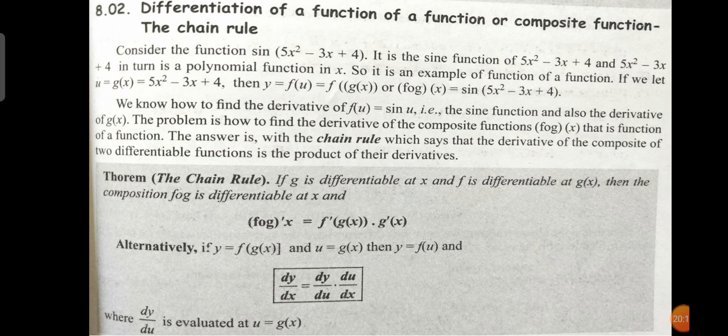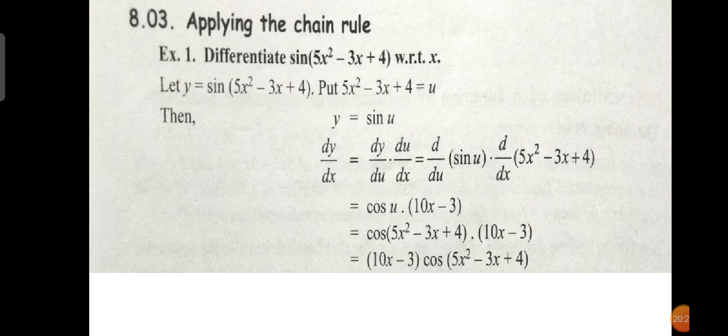Okay, yes, many problems have been given there. Using chain rule you have to differentiate. Okay, yes, and there is an example. Differentiate sine of 5x square minus 3x plus 4 with respect to x.